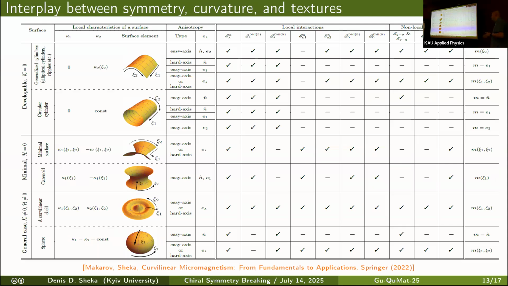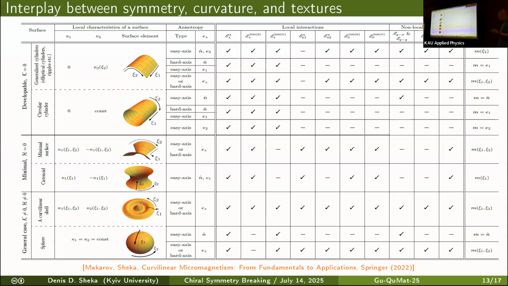So we constructed the framework of curvilinear magnetism with account of all these interactions, and analyzed the interplay between the symmetry of all these interactions, the geometry of the system, and different textures, and made conclusions about the influence of these interactions.